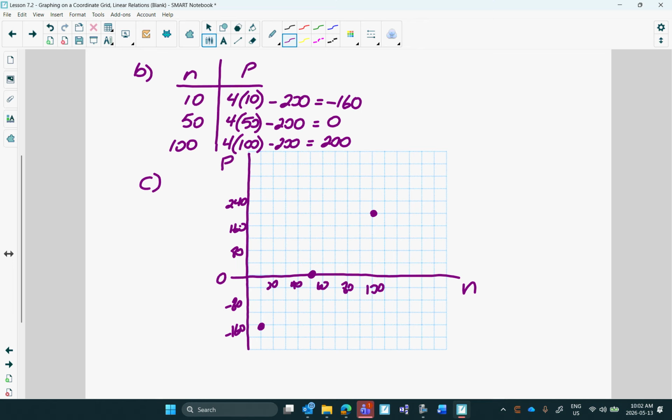So maybe we shouldn't connect these. Maybe we should just leave them as they are. I mean, this one's a little close, but I'm going to leave it because you can't have a fraction of a person, we don't connect. So don't connect, because you can't have a fraction of a person.